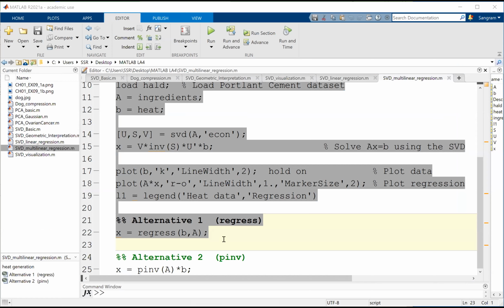So this comes from an actual experiment. You have Portland cement, and Portland cement has 4 ingredients. What they did, they performed the experiments and they found out, once you vary ingredient A, once you vary ingredient B, once you vary ingredient C, and once you vary ingredient D, what is the amount of heat that is generated as that cement solidifies.